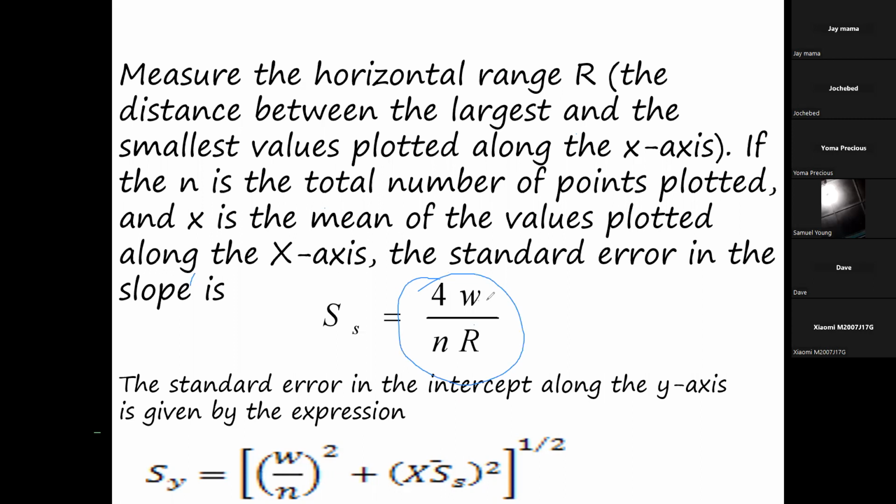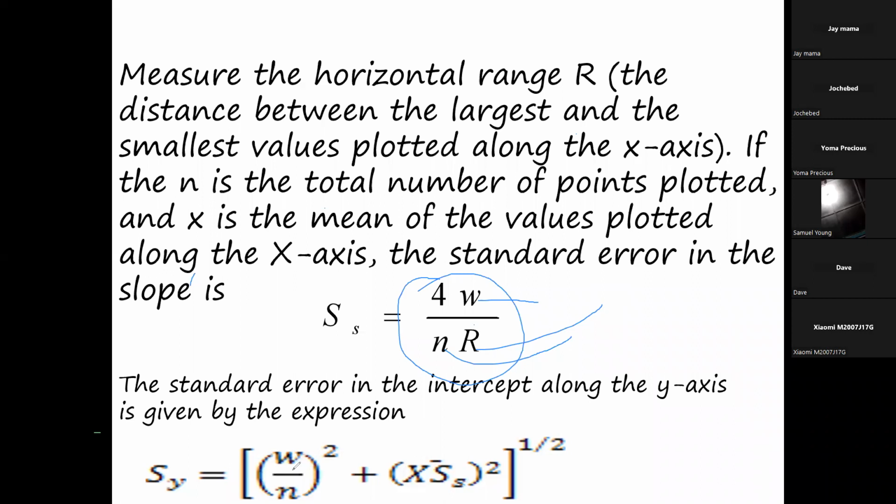Your W means vertical scatter. Your N means the number of points, while R means the horizontal range. That is the difference between the largest and the smallest value on the X axis. Is it clear now?